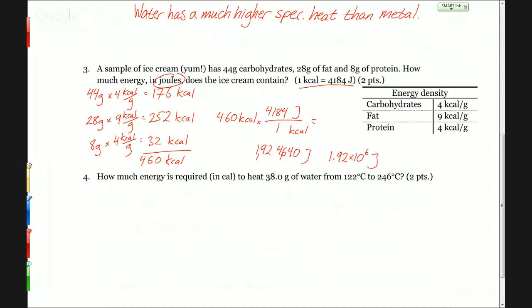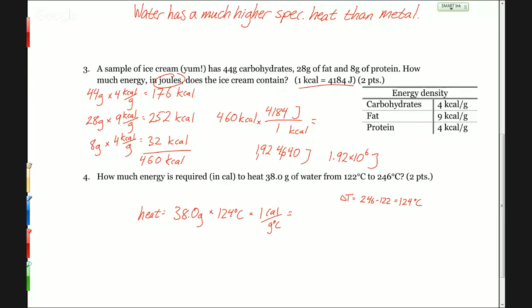Okay. And then how much energy is required in calories to heat 38 grams of water from 122 degrees C to 246 degrees C? We need to find that change in temperature, the delta T, which is 124 degrees C. So the heat or the energy is going to be 38 grams times 124 degrees C, times 1 calorie per gram degree C. 38 times 124.